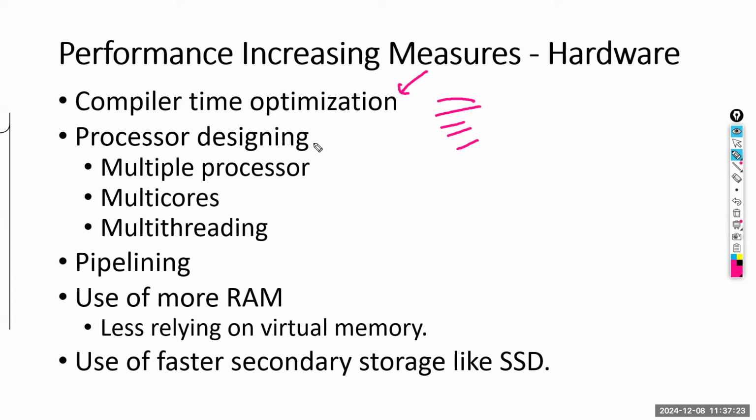Another thing is that when you buy your hardware, it can be optimized. Maybe you use multiple processors, your processor has multi-cores, your processor uses multi-threading. Another technique is that your computer uses pipelining.